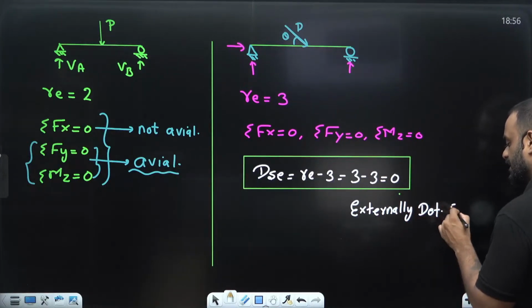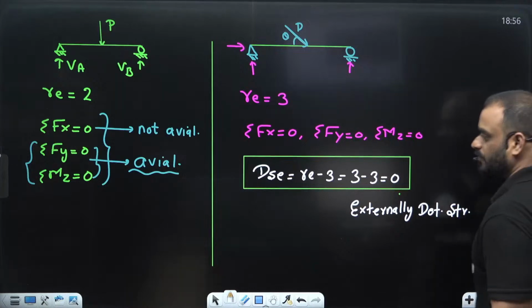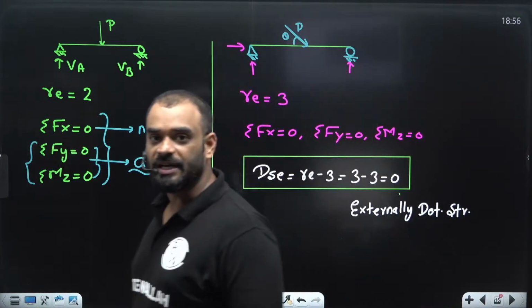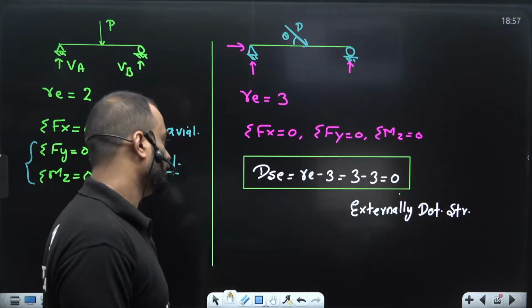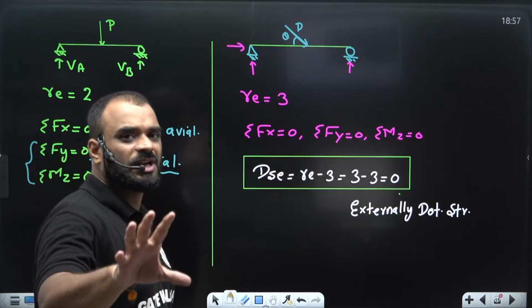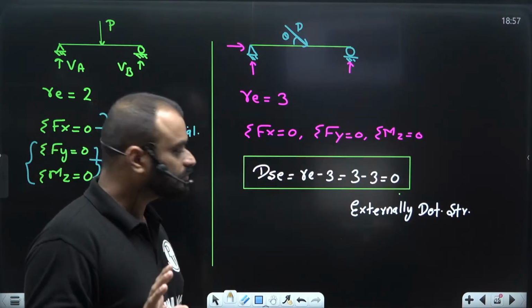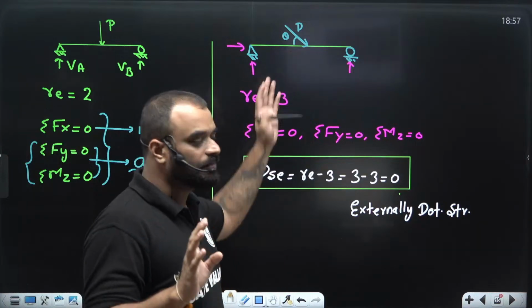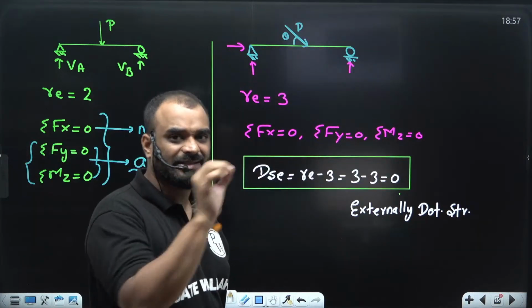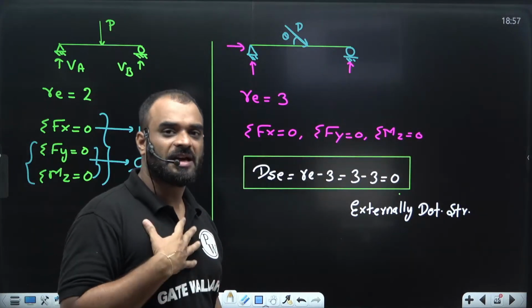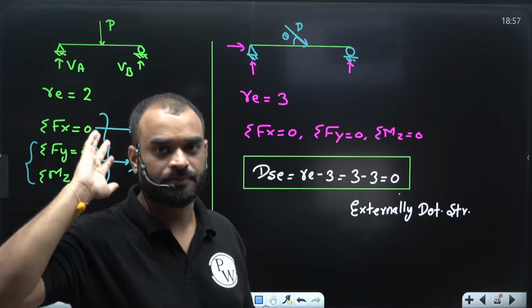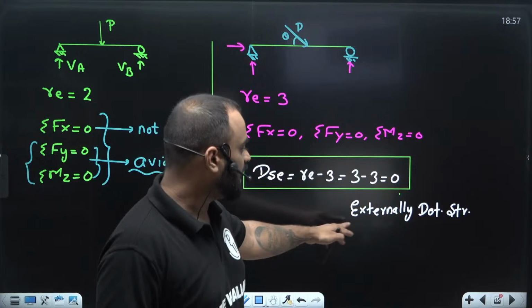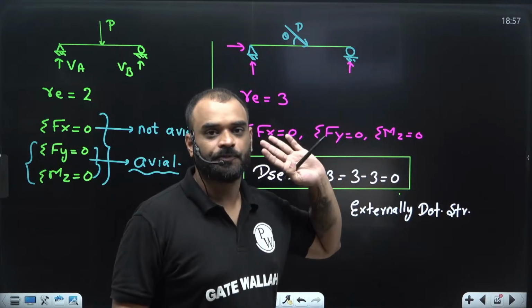That means whatever external reactions are developed, we are capable of finding them by using static equilibrium equations alone. That's why it is externally determinate.